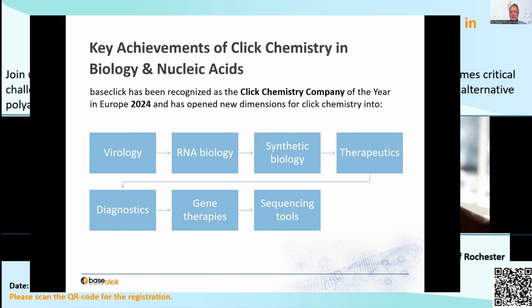These applications are now used very widely in virology, RNA biology, synthetic biology, therapeutics, diagnostics, and gene therapy as well. Today the topic will be sequencing tools for library preparation. However, click chemistry is also being used and developed by baseclick in the kit systems of Pacific Biosciences, as well as the new SBX platform of Roche.